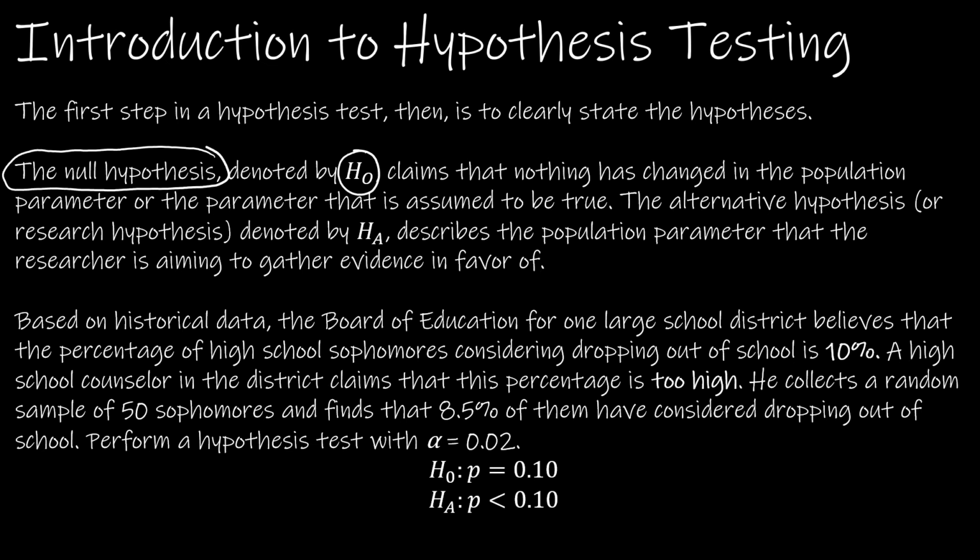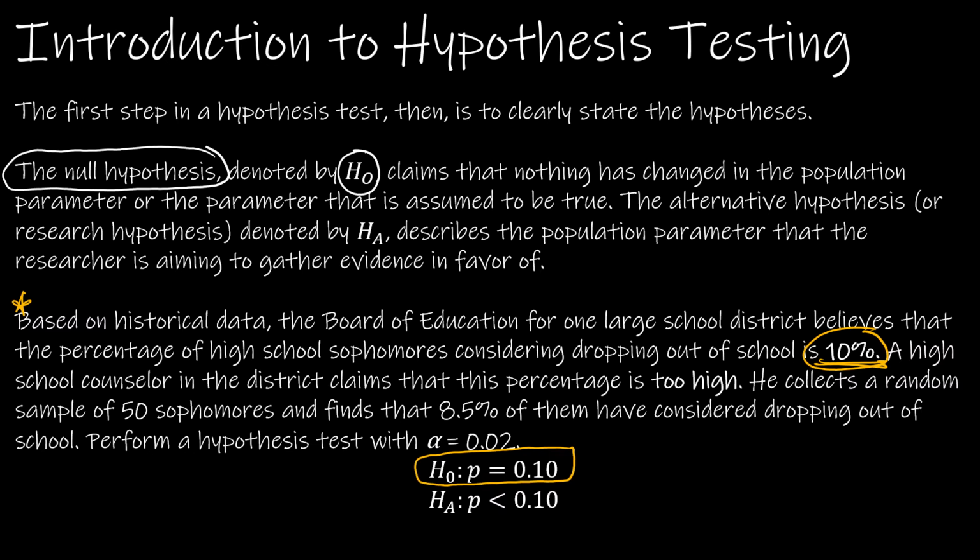I'm going to skip down to this, which is just a copy of what we read on the last slide. The 10% is what we believe is going to happen. So the null hypothesis claims that nothing has changed, and that's why I'm going to write my null hypothesis as P, the true population proportion, is in fact 10%.